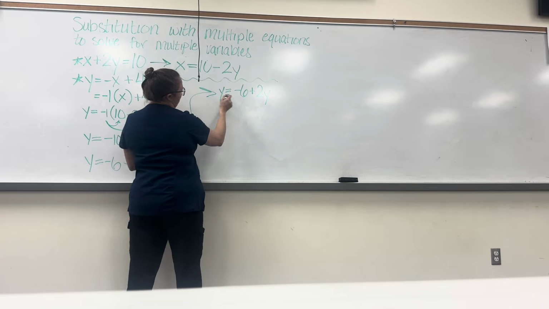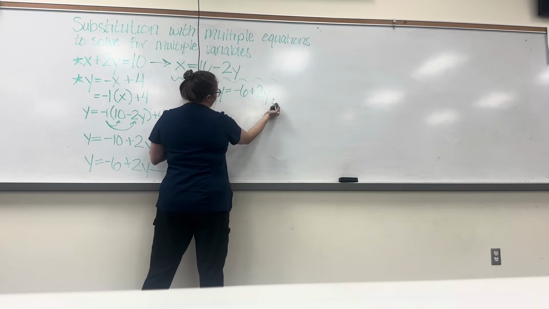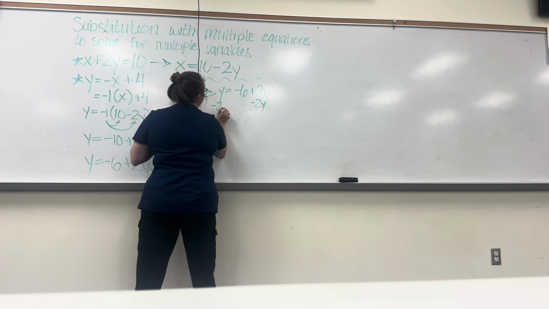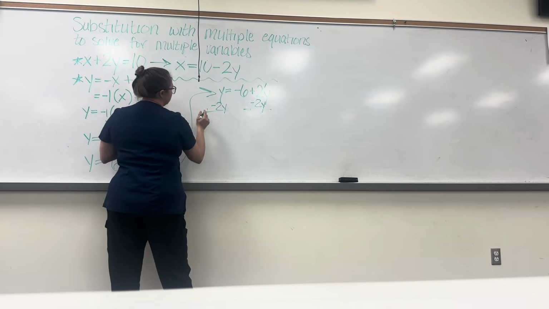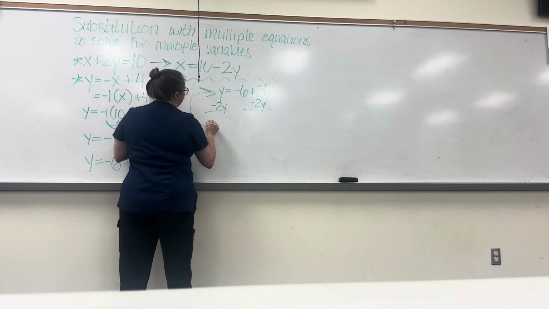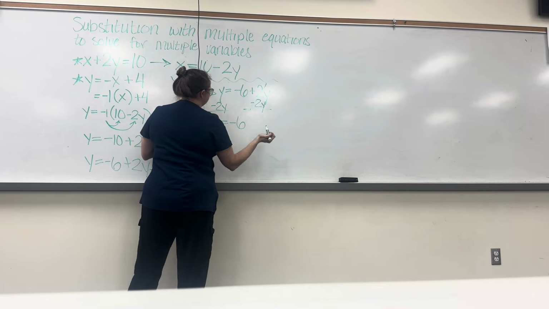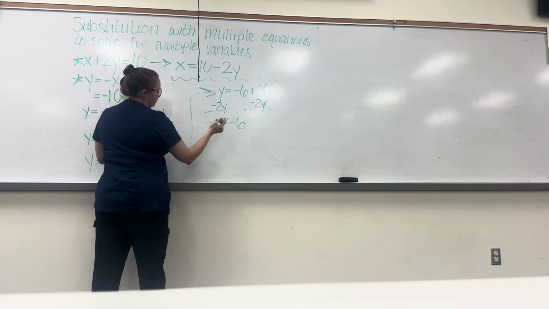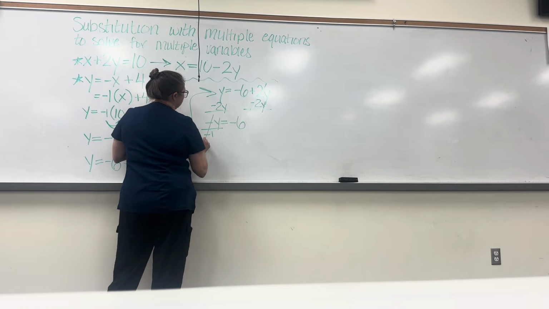combine like terms, y minus 2y, we're going to subtract 2y from both sides. That cancels out. Y minus 2y means negative y equals negative 6. Negative 1 is understood to be right here. Okay, so we're going to divide by negative 1.